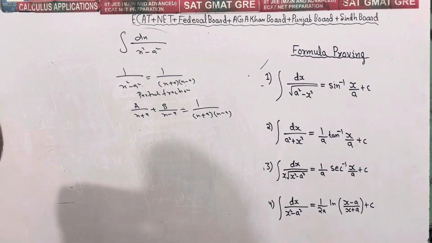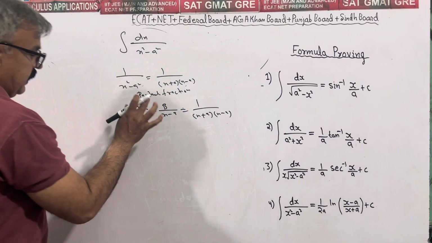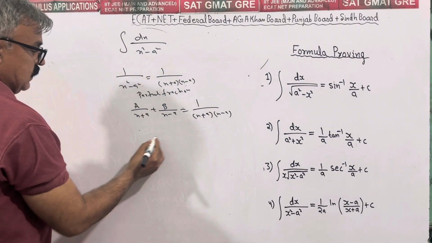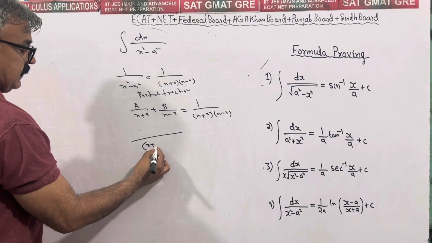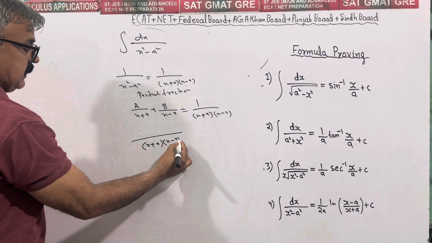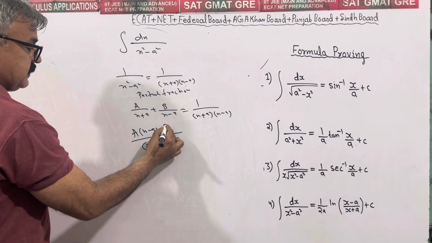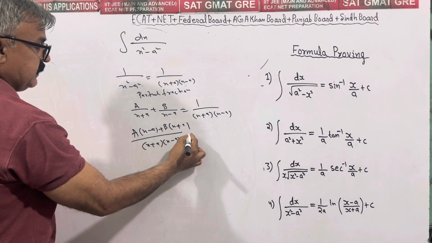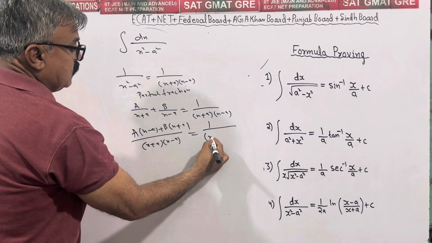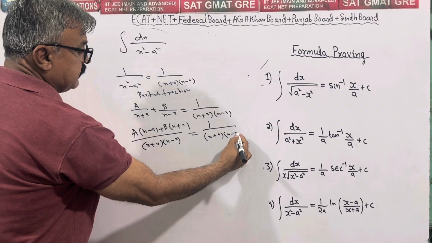We have assumed that we can split such a function into this. Now we have to find the values of capital A and B. Take LCM, and we get A times x minus a plus B times x plus a is equal to 1 over x plus a, x minus a.